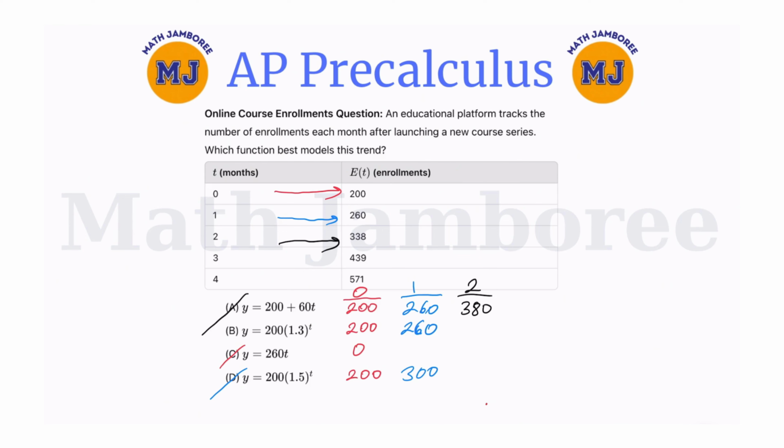Therefore, A will not be the answer. And 1.3 to the power of 2 times 200 will give you 338 when you do the calculations. So therefore, the correct answer is choice B for this specific question.